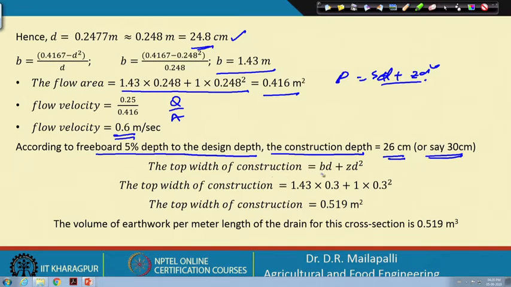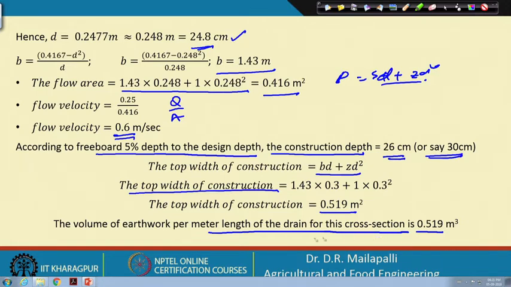Now, the top width of the construction is B plus 2ZD. The cross section area would be 0.149 meter square. Then the volume of earthwork per meter length of the drain for this construction will be 0.519 meter cube.